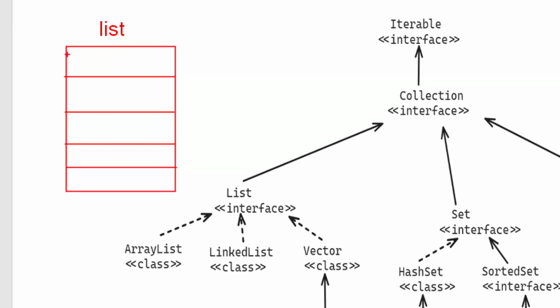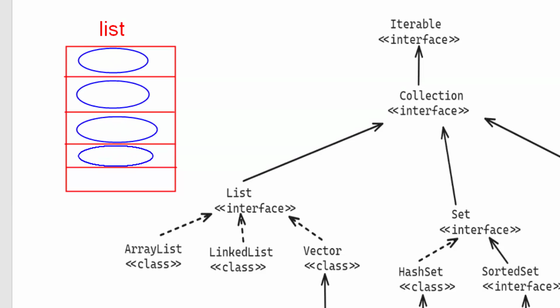Let's say, for understanding, I'm drawing a diagram like this. For example, this is one employee object, this is one more employee object, and this is one more. This is employee one object, E1.